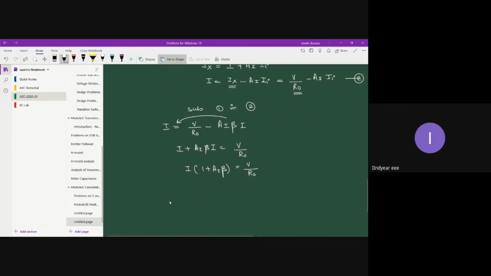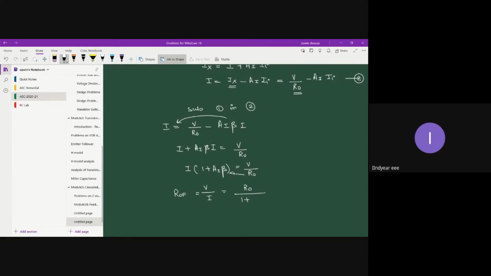Rearrange the equation such that you get the ratio V by I, and we have already defined the V by I ratio as R0F. So the V by I ratio is nothing but R0 divided by... it is not divided, right?